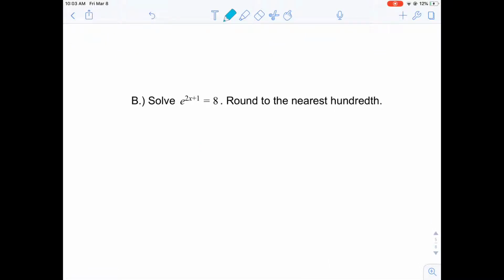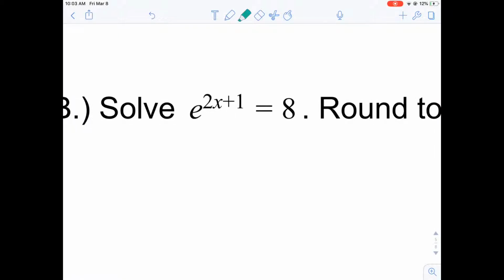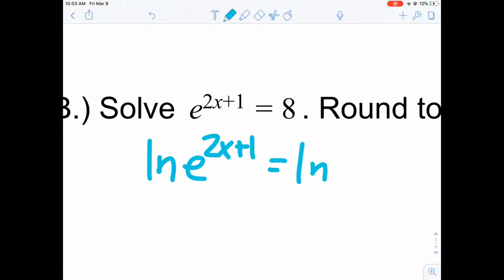Okay, part B here. I have e to the 2x plus 1 is equal to 8. So what I want to do is bring down this 2x plus 1 because I need to solve for x. And the way that I'm going to do that is I'm going to take ln of both sides. When I do that, same as the last problem, this power could technically just come out in front, right?